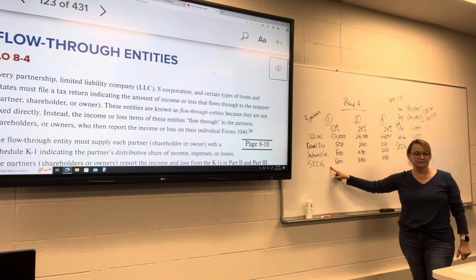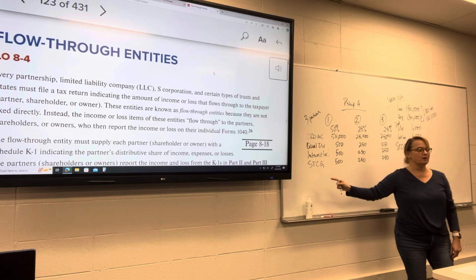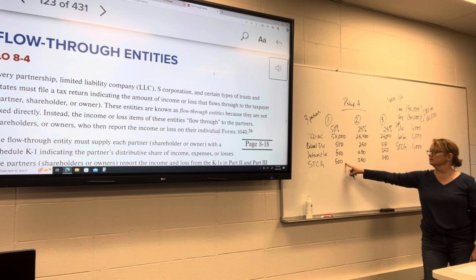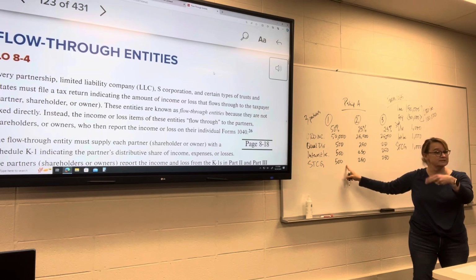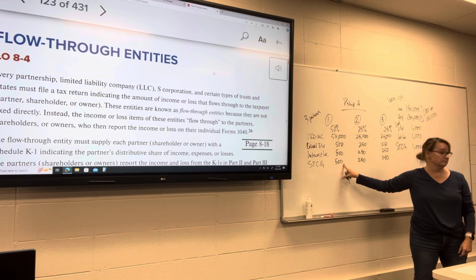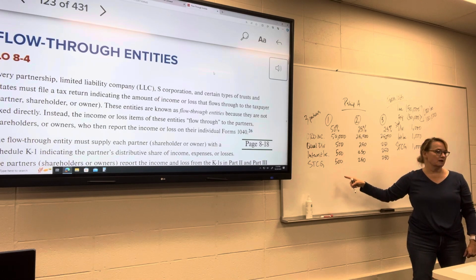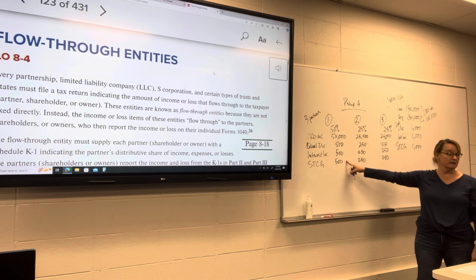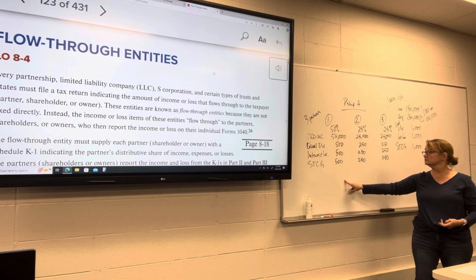These short-term capital gains that then flow through, pass through to the partners, will combine with any losses that they might have. That whole netting process, this gets included in that whole netting process. So if partner 1 had $500 of other losses, capital losses, they can combine that $500 of income with the $500 of other losses, and now they have 0 capital gains.